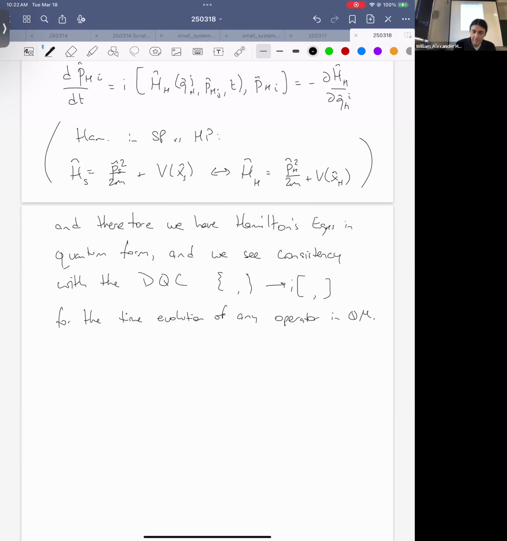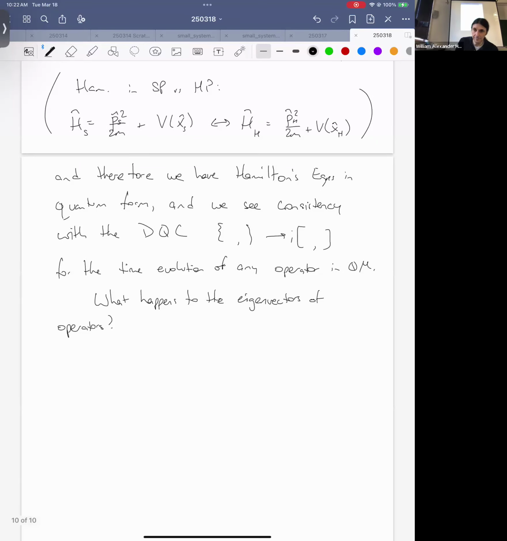So what happens to the eigenvectors of operators? This is where I stumbled the last time, but I think we should be able to not stumble this time. All right.